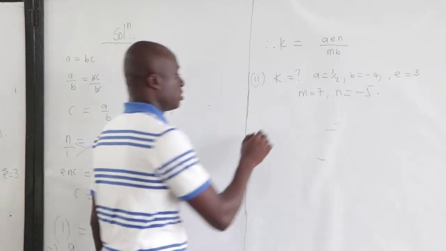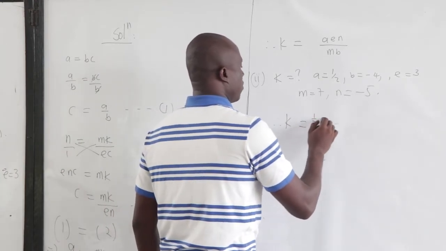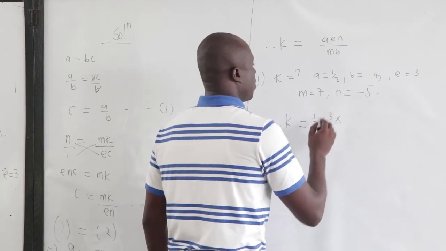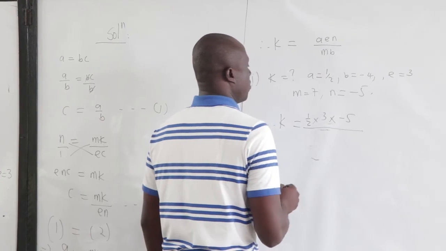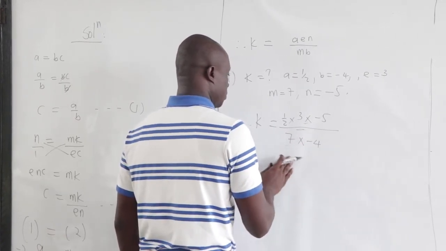So let's substitute. So we have our K. Our A is half, our E is 3, our N is -5, all over M, 7, B, -4.